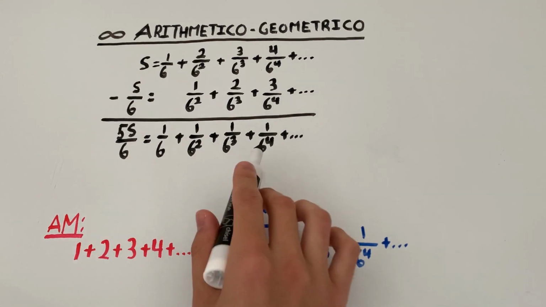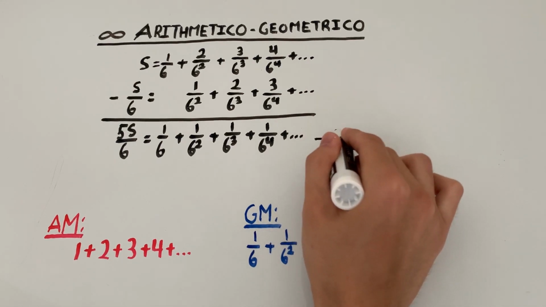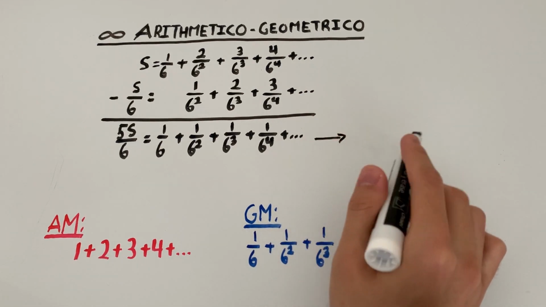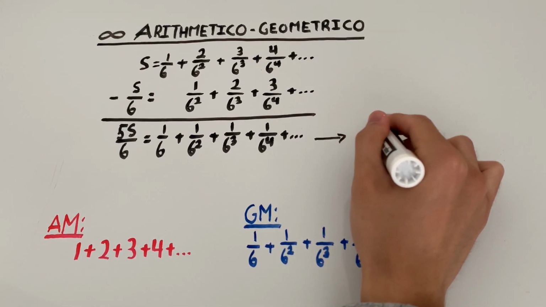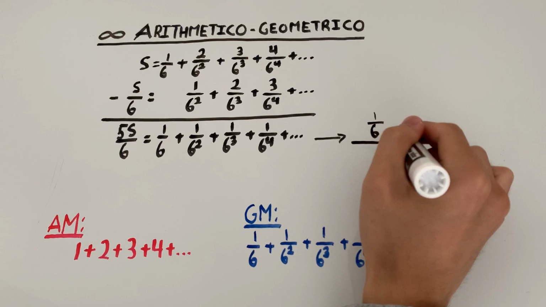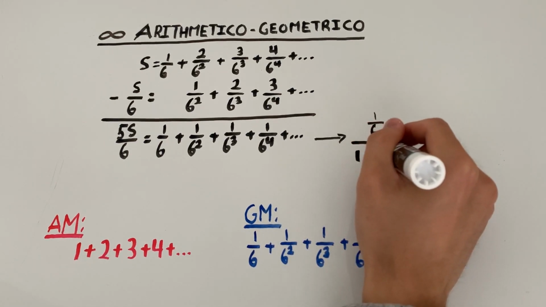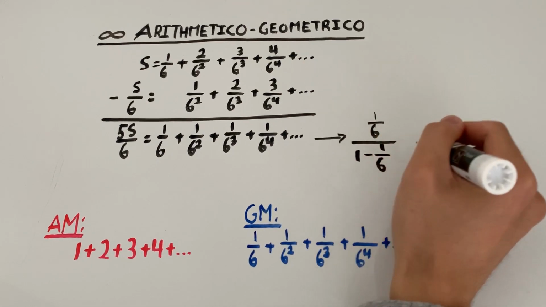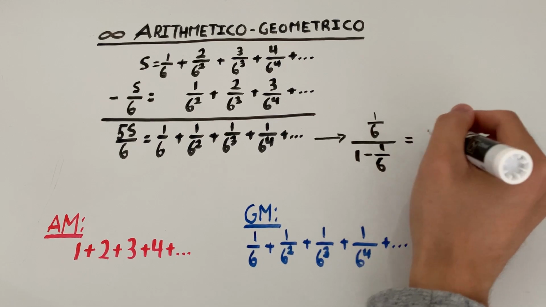So all of this over here works out to be the first term, which is 1 over 6, over 1 minus the common ratio, which is 1 over 6 as well. And this turns out to be 1 over 5.